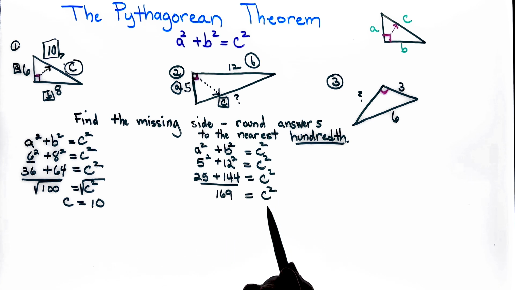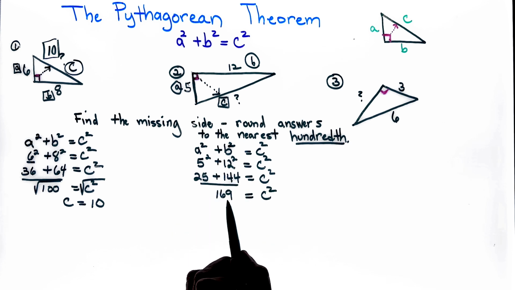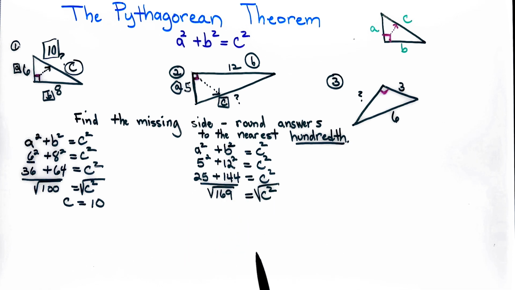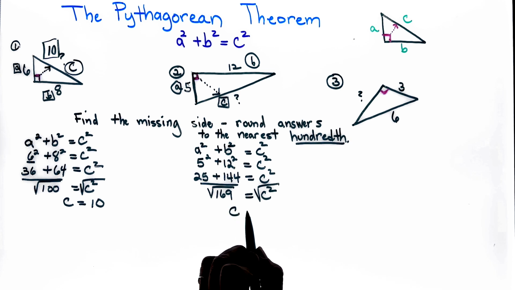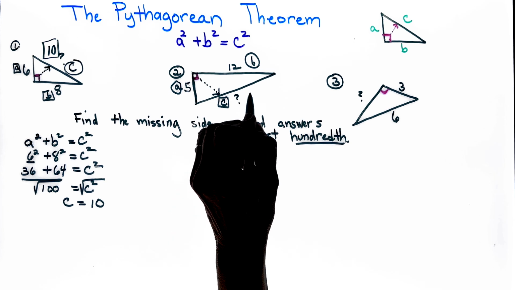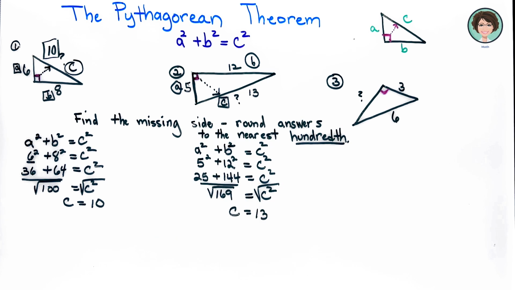Now that the numbers are all simplified, we can take the square root of both sides, and c is going to be equal to 13. So our missing hypotenuse is 13. Notice, I did not put any units in, but if it was in inches, it would just be 13 inches. It's just your regular measurement units.